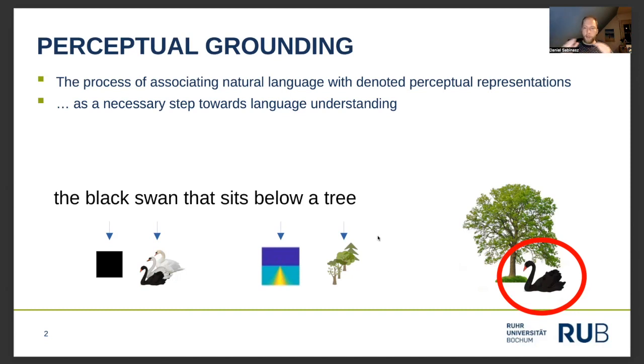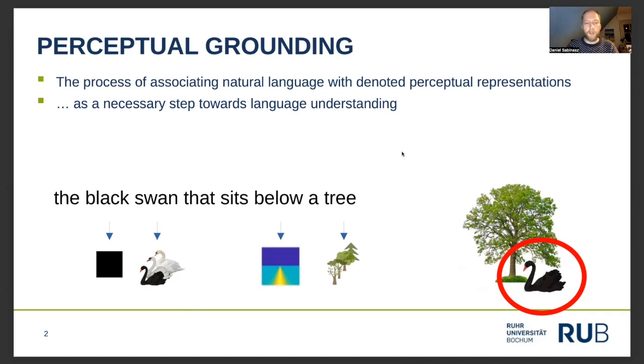Because we have a language with a phrase that somehow just uses discrete words, and perceptual grounding entails essentially these two things. So associating the words with their perceptual meaning and finding the object that's described by the whole phrase. And this is a necessary step towards models of language understanding.